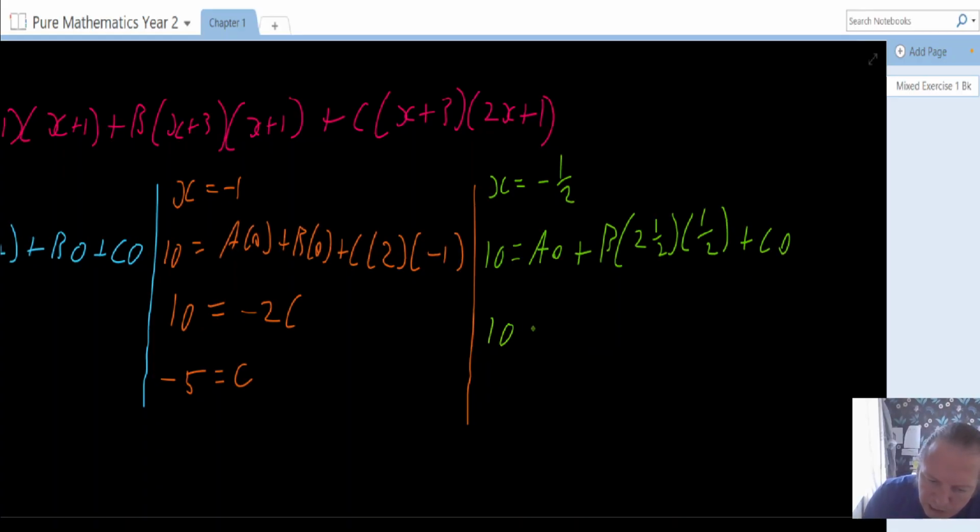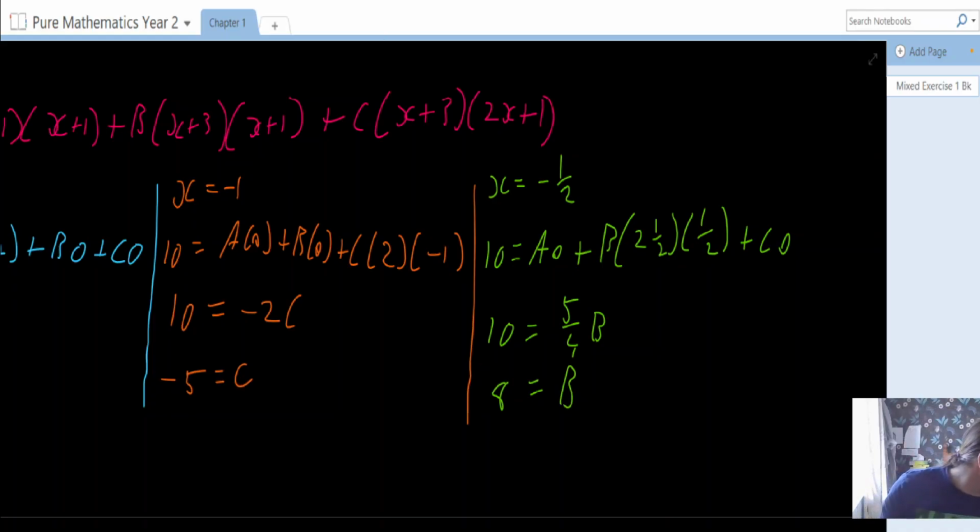So we end up with 10 equals, what's that then? 2.5 times 0.5 is 5 over 4. So we end up with 5 over 4 b, and 10 divided by that answer is 8, so b equals 8.